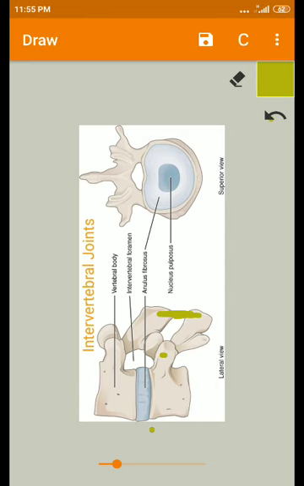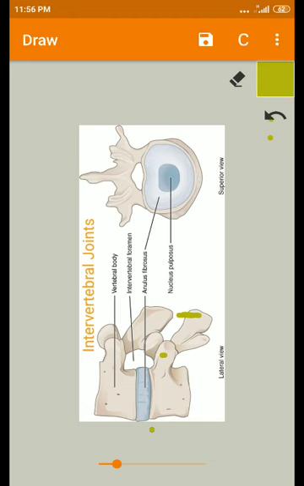These are all short ligaments, present in between two adjacent vertebrae, whereas the anterior longitudinal and posterior longitudinal ligaments are continuous ligaments. These are the partial ligaments present between two adjacent vertebrae.